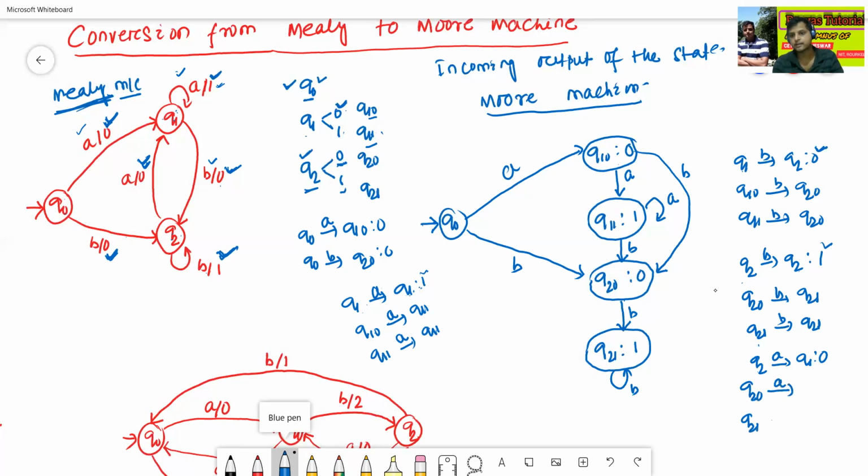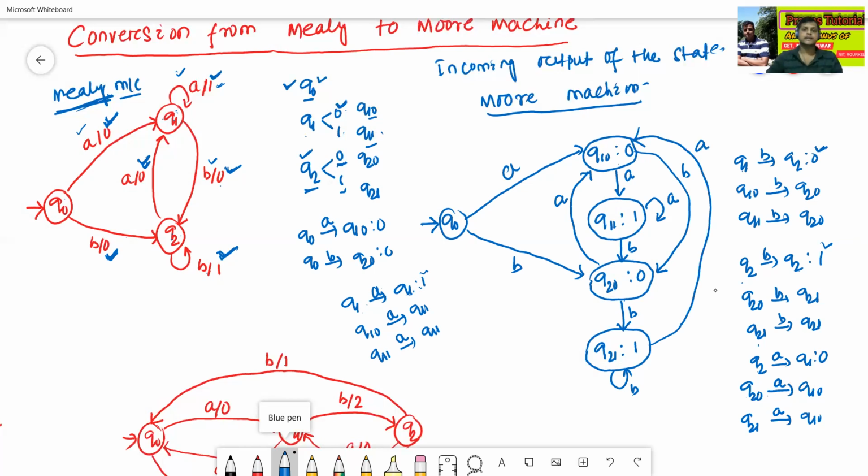Q20 reading A and Q21 reading A will go to Q10. So Q20 reading A goes to Q10, and Q21 reading A goes to Q10.